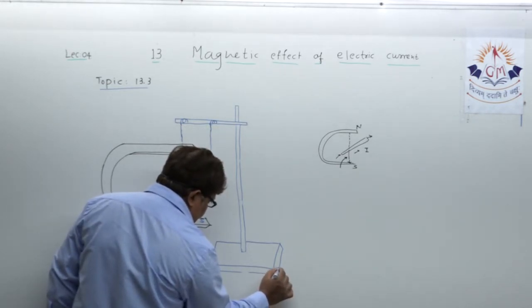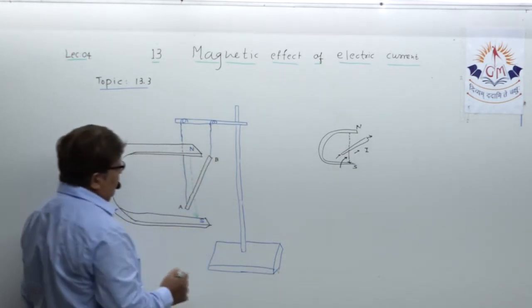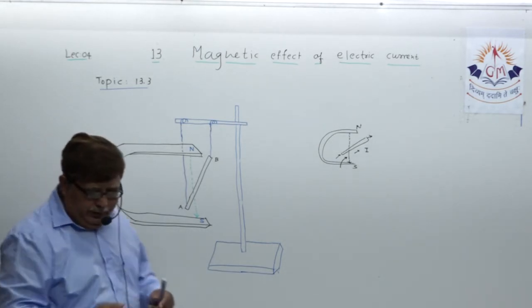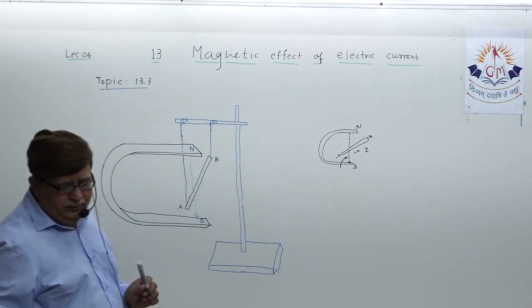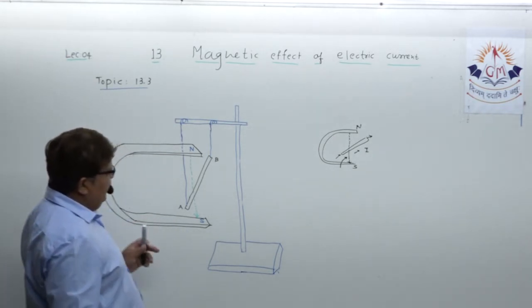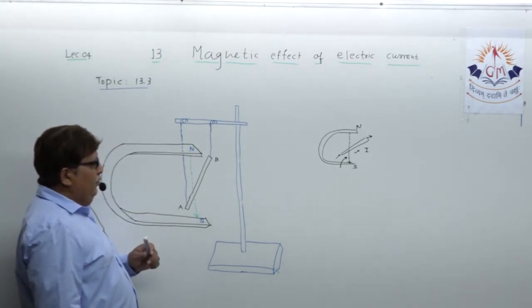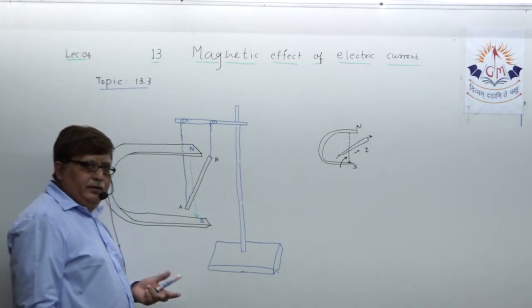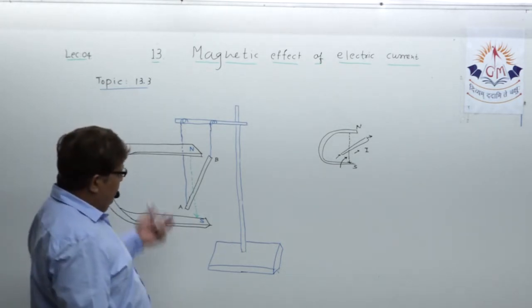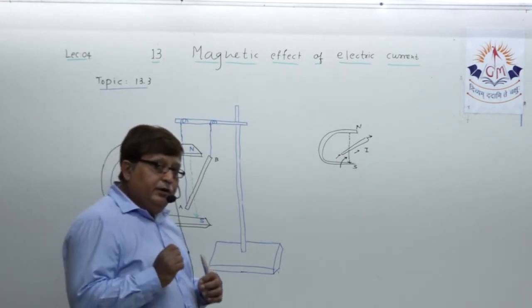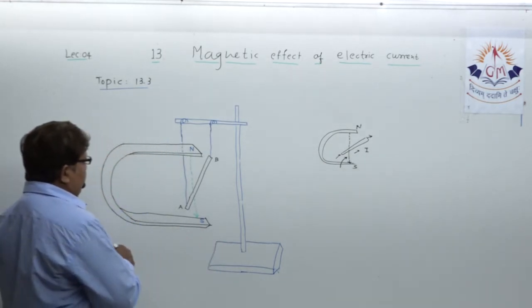Okay. Now, dear student, we want to pass electric current through both the ends of the wire. Suppose I have hung it with the help of copper wire, then also it's okay, because ultimately our target is to pass electric current through the wire.